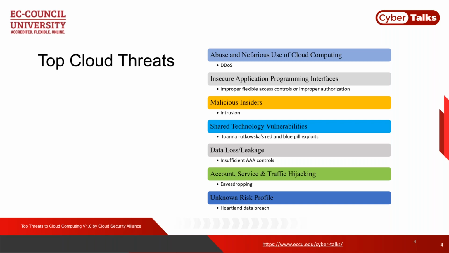Data loss or data leakage is another big one in the cloud after moving to it. People use Office 365, right? In the old days we used a traditional Exchange server or Lotus server to connect all the emails, and you needed to connect to your enterprise endpoint to download the email.